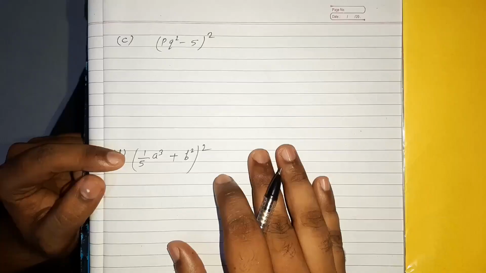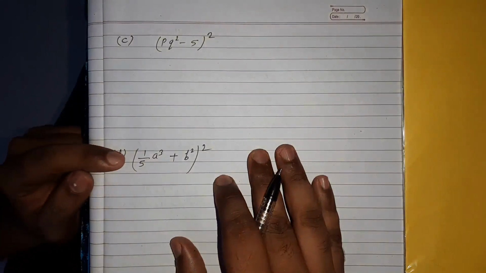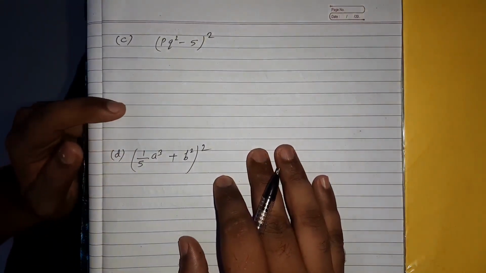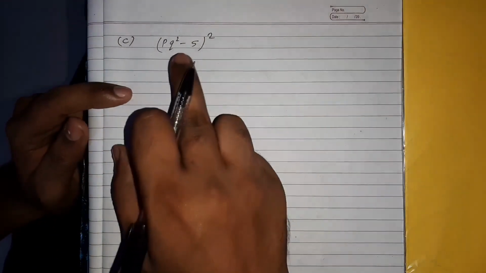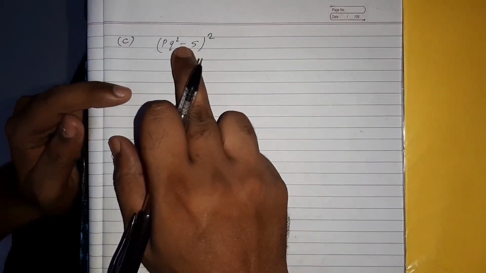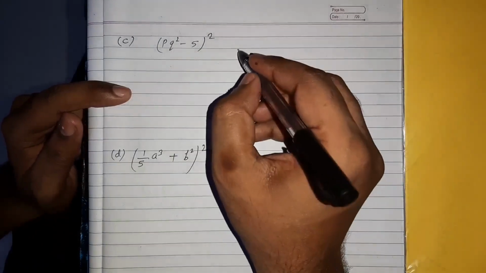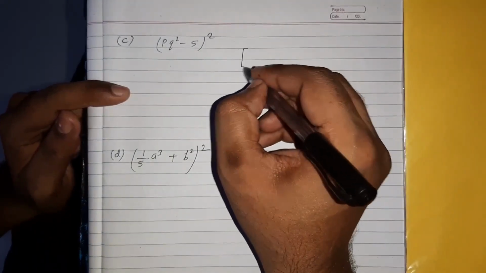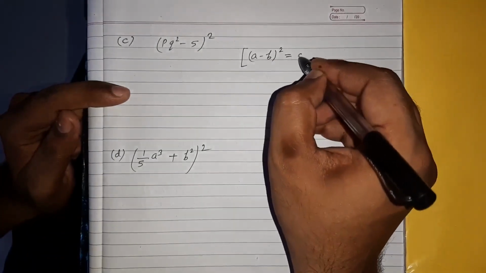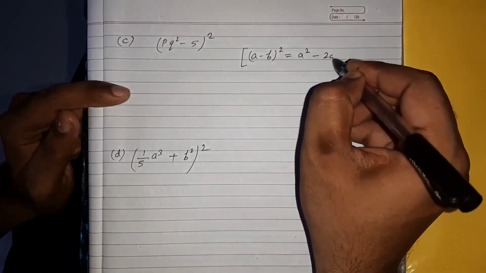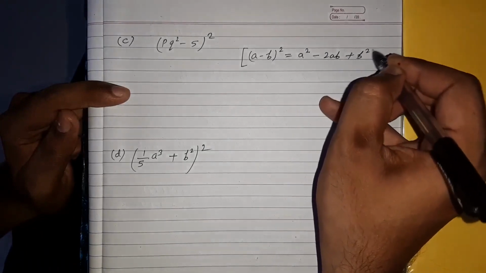Question number 1, part C: (pq square minus 5) whole square. In this question between two terms a minus sign is there and it is whole square, so we will use the identity (a minus b) whole square, which is equal to a square minus 2ab plus b square.